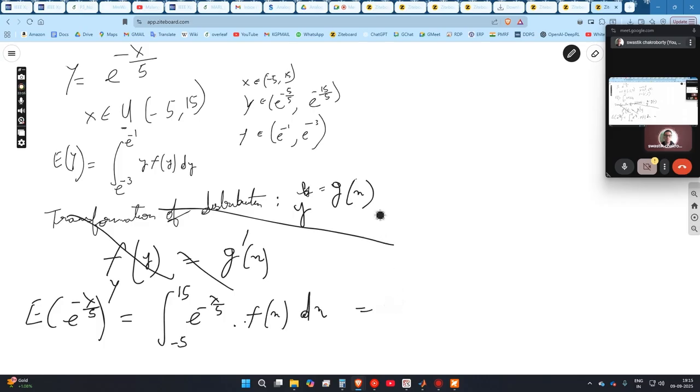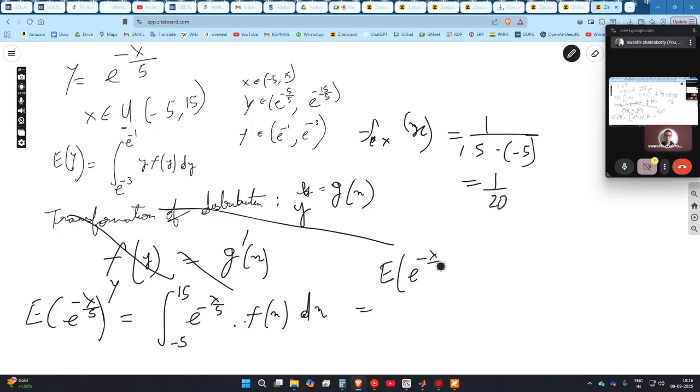It is uniformly distributed, so f(x) will be 1 by 15 minus minus 5. So it is 1 by 20.